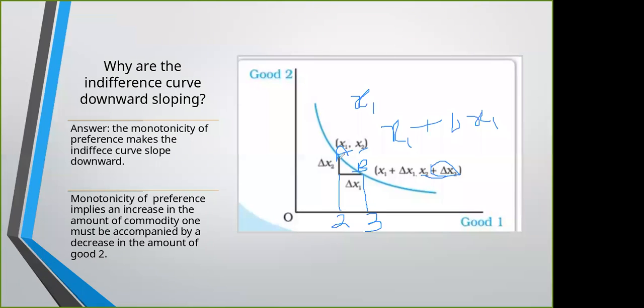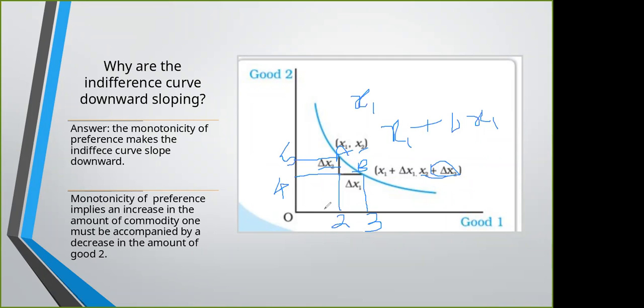This is reflected by this delta x2. Suppose when we were at point A, the quantity of good 2 that we were consuming was 5. Now when we have come to combination B, the quantity of commodity 2 has come down to say 4 units.